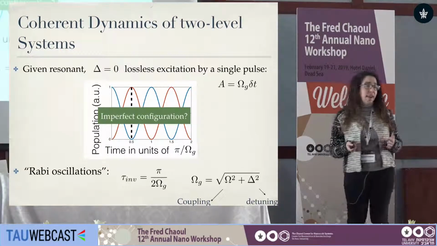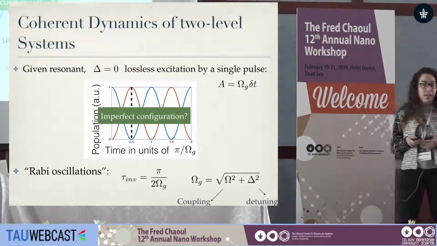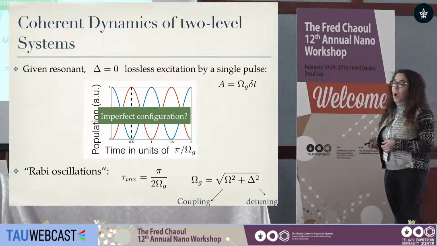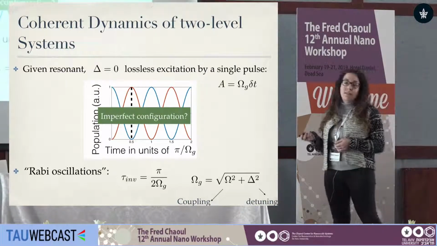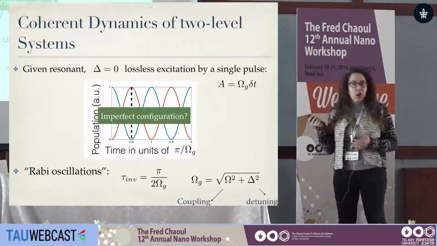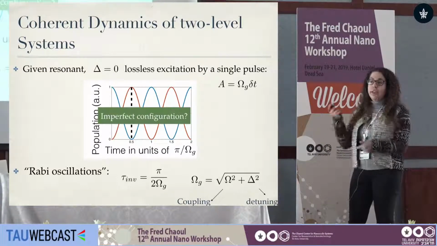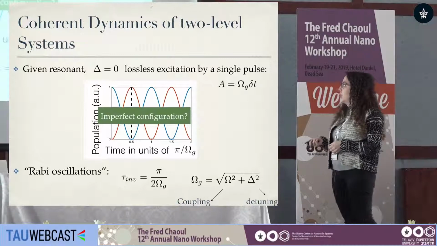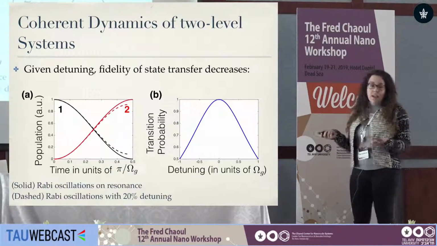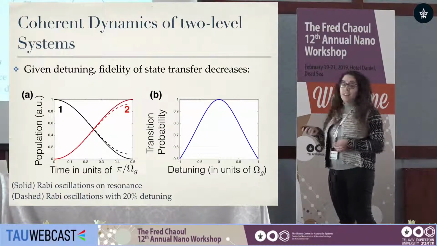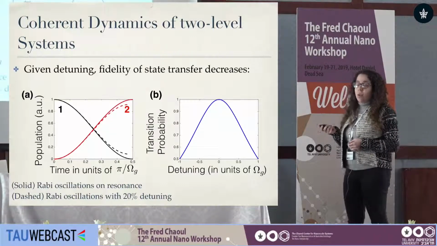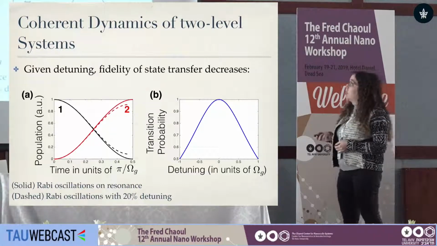But what happens if I have an imperfect configuration? What if I have a little bit of detuning in my system, or maybe the laser that I'm trying to excite my system with is not exact? I can't turn it on for enough time to create this complete population inversion. So given detuning, as an example, the fidelity or the quality of the state transfer decreases.